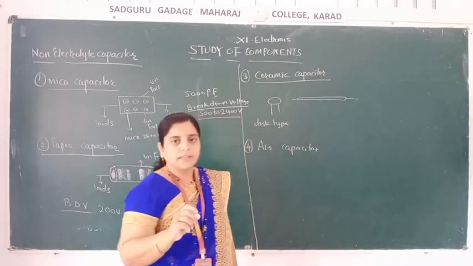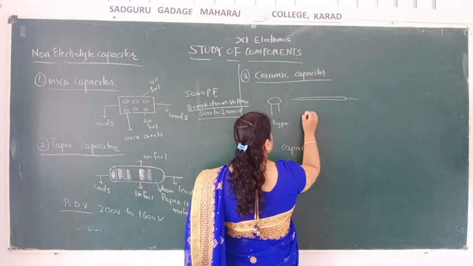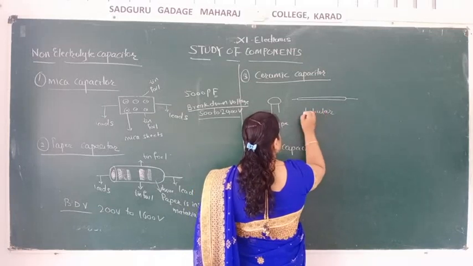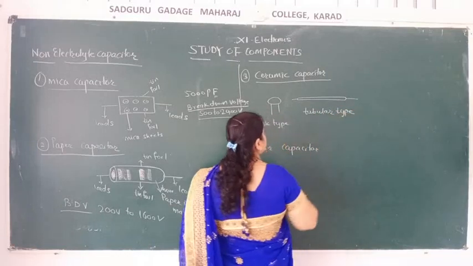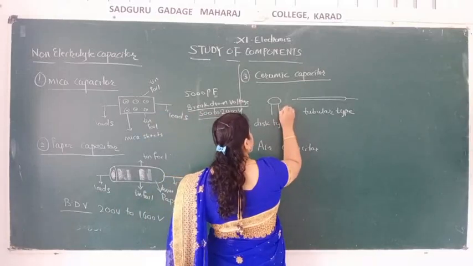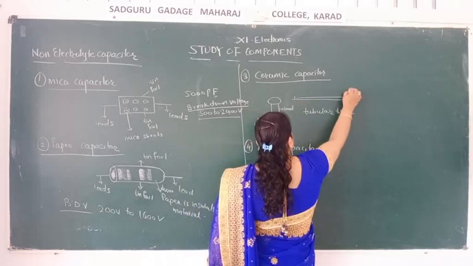Which capacitor does it have? Ceramic capacitor. These are tubular type. Okay, this is the disc type. These are the leads. These two are the leads.